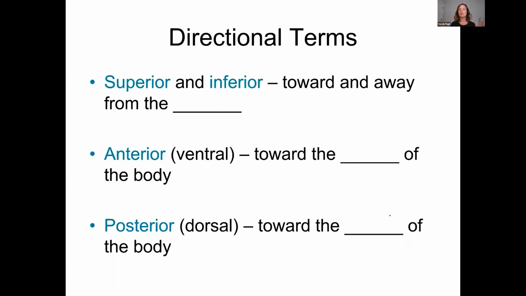And again, this is really important as we walk through a lot of these different directional terms. A lot of these terms are just how we describe body parts in reference to each other. So the first one that's listed up here, superior and inferior. When I think of these terms, I always think of work. I think of my superior, right?